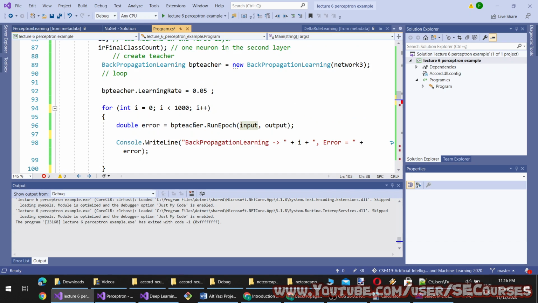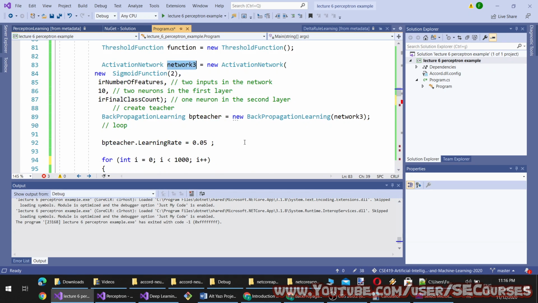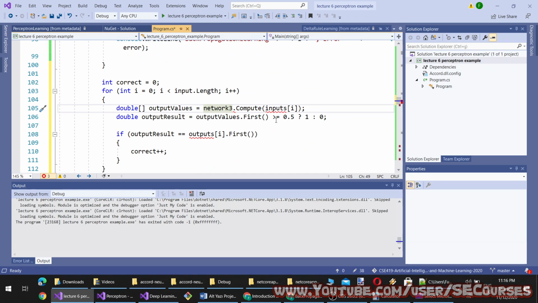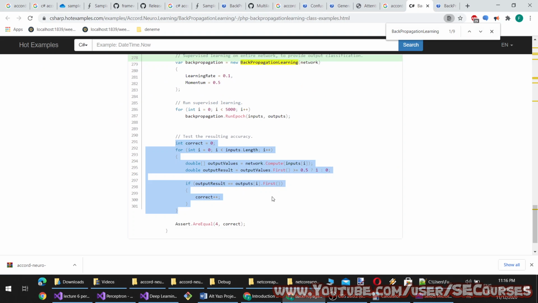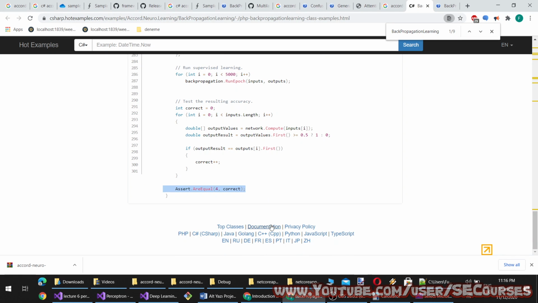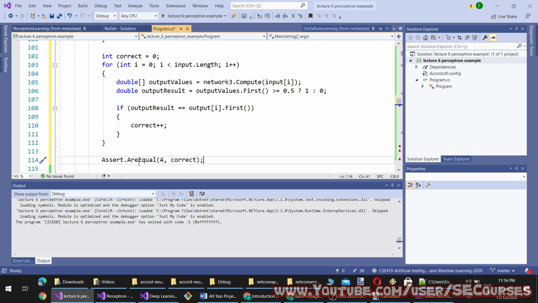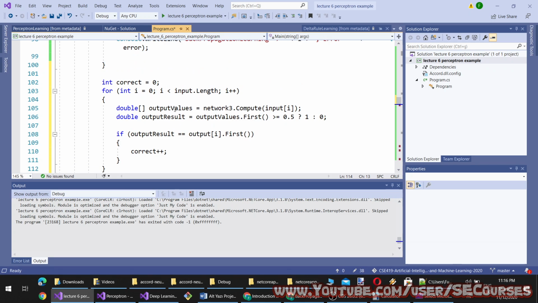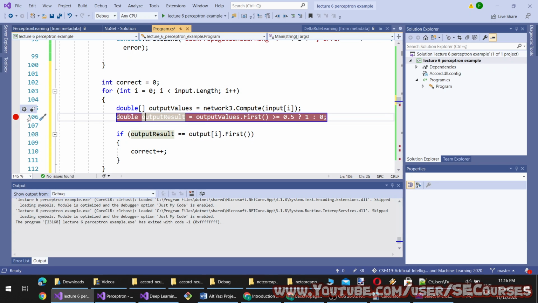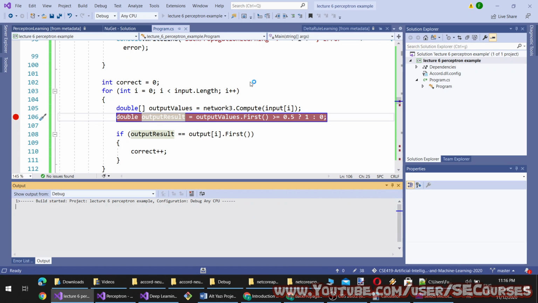It says it is a network here, network 3, compute input I and output I, number of correct, and assert area cool. Okay, so output result, output I first. Yeah, this looks correct. Oh, by the way, okay, let's check it. Output values.